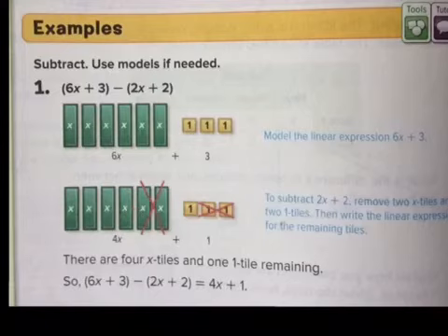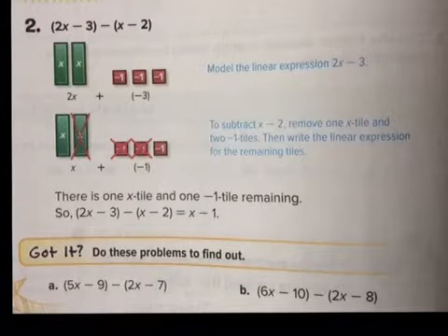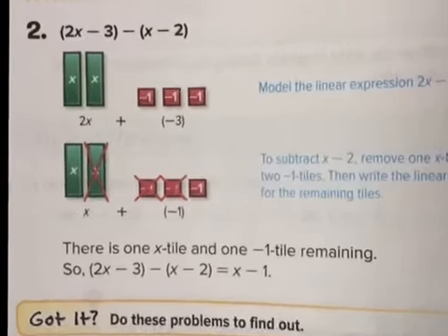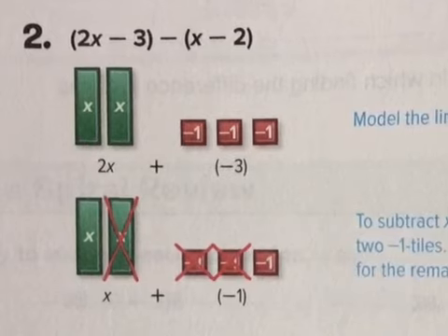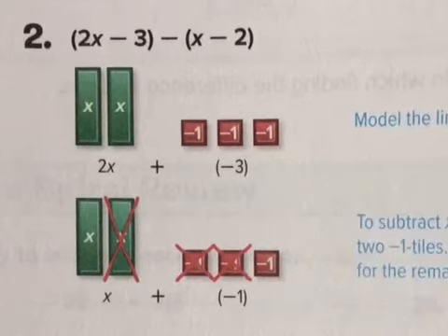So 4x plus 1. For number 2, a small concept that might become a little confusing is that when we learn to remove negative numbers, we've learned to add them together. For example, if I have a negative 3 here, take away a negative 2, it should be adding 2, so it will be negative 1.